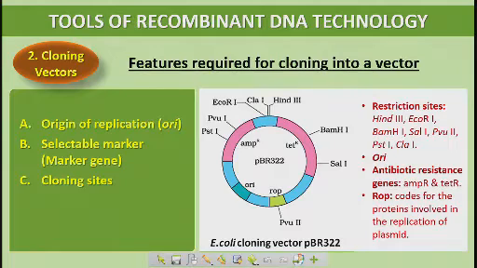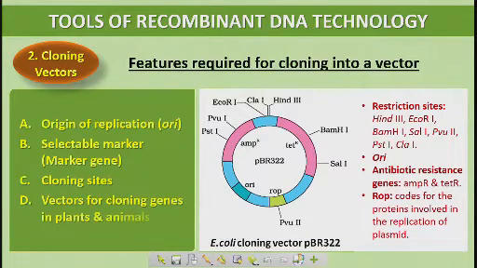The vector should have the selectable marker or the marker gene. It should have the cloning site. The cloning vector should be fit for plants and animal cells.